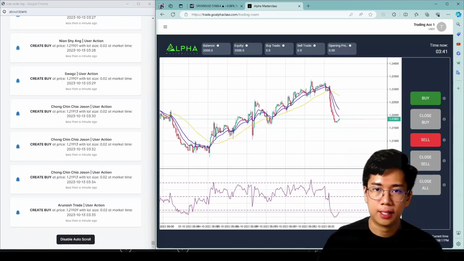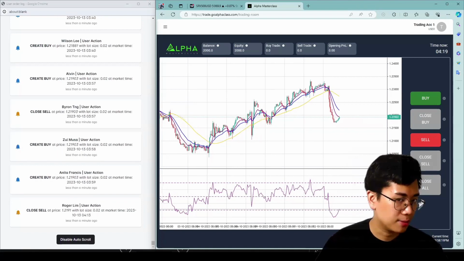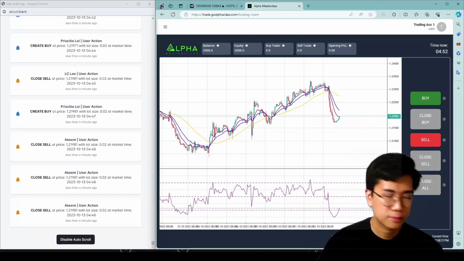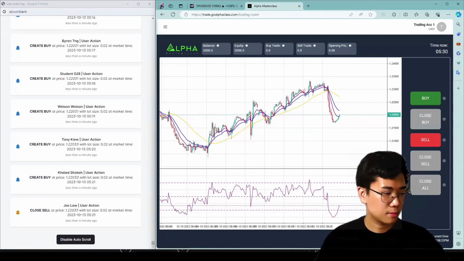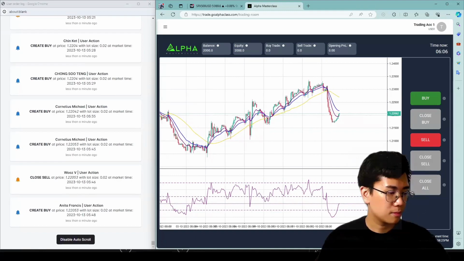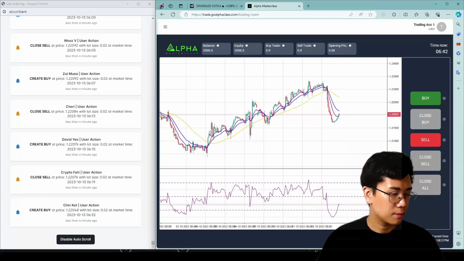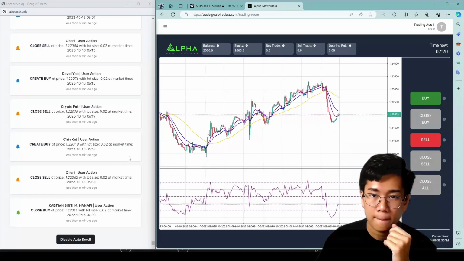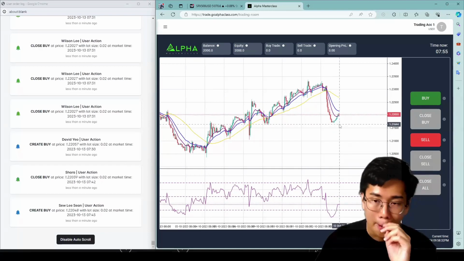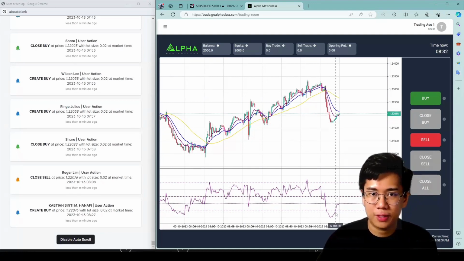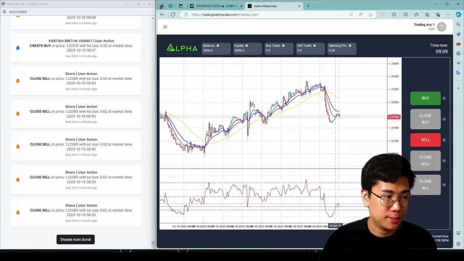Okay, the market has a pullback. Buy or sell? Crossing above RSI 30 already.